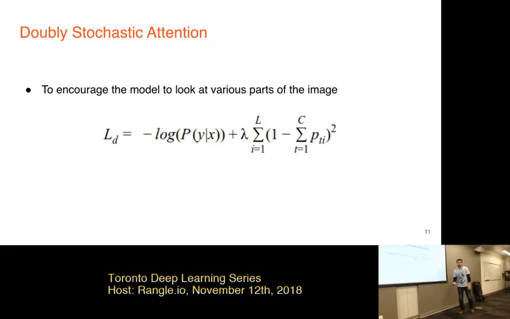How do you force the attention to sum to 1? You're not forcing it. It depends on the value of lambda. The higher the value of lambda, the stronger the effect on the model is going to be. The smaller the lambda, the smaller the effect.